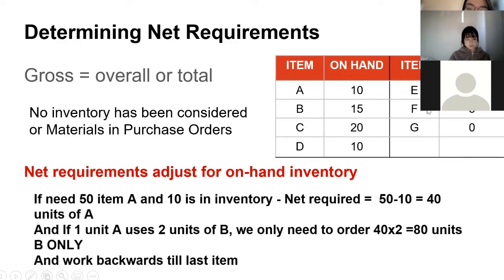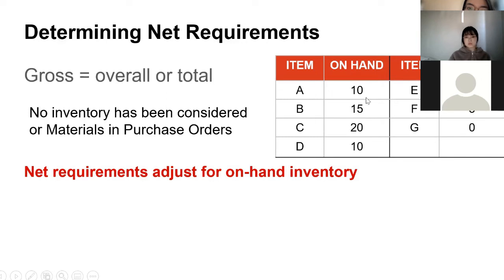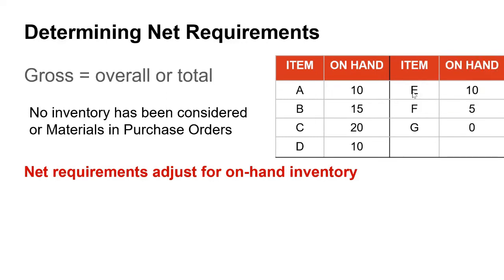If I have this inventory, items A, B, C, all these I have on hand, meaning inventory. I have on hand 10 of A, 15 of B, 20 of C, 10 of D, 10 of E, 5 and so on. For G, I don't have anything. So this is what is in my stock, in my storeroom.